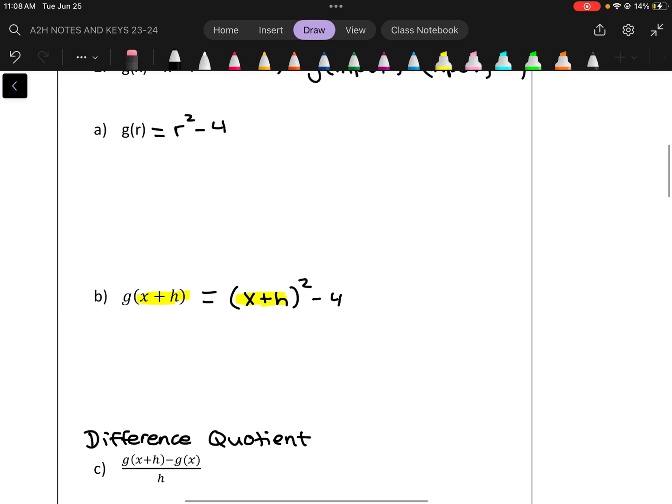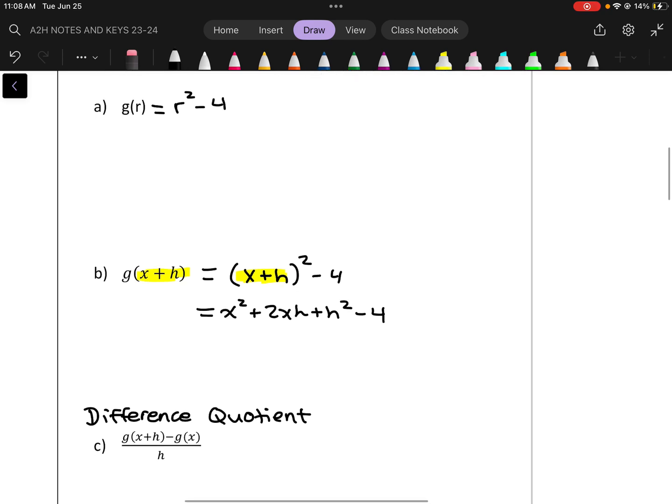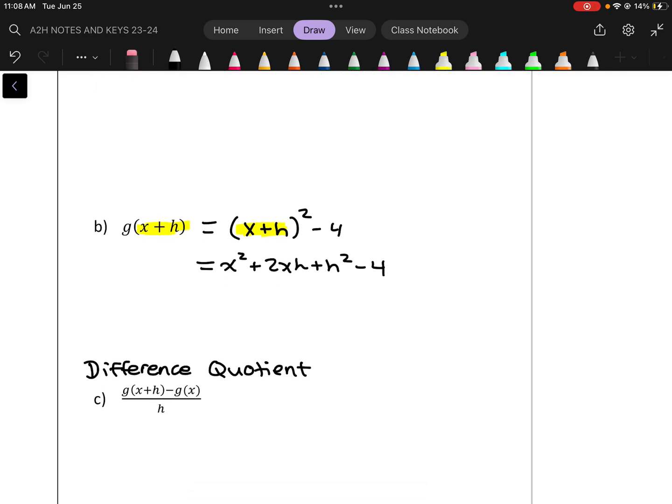And the input this time is x plus h, for g of x plus h. So let's do our instant FOIL: x squared plus 2xh plus h squared minus 4, right? Because we're squaring x plus h. And I look at that and I'm like, you know what? Can't do much with it. Have to kind of leave it. But it has set us up for the difference quotient.